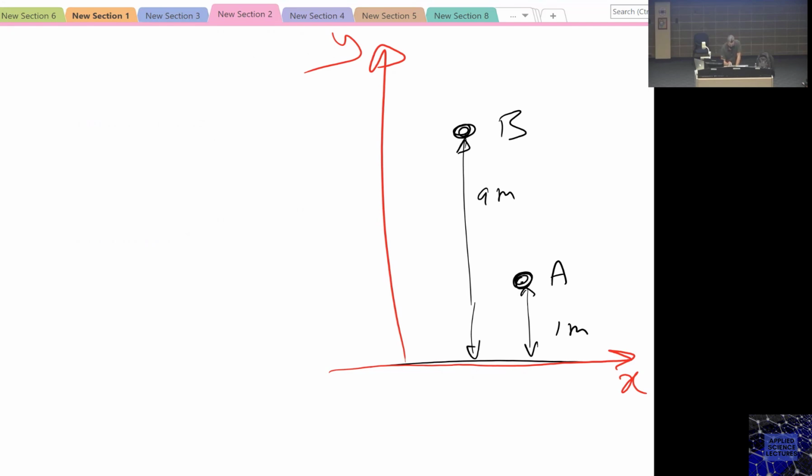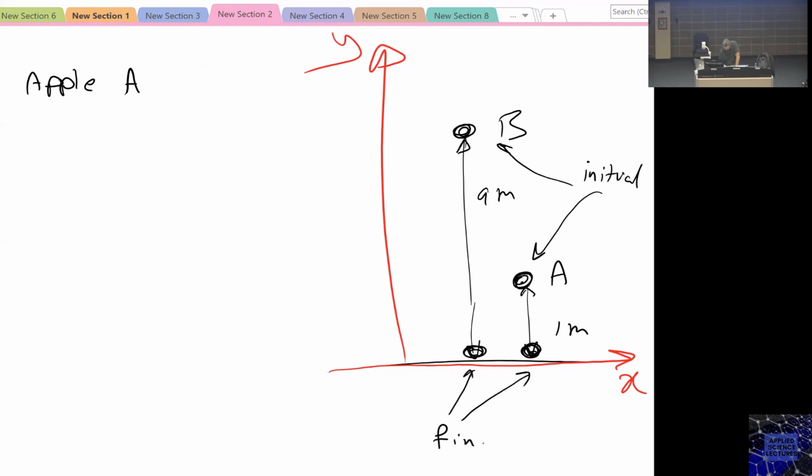So let me start first with apple A. For apple A, starting from rest, both of them, then the kinetic energy at the initial, so this is initial, here and here, and this is final.